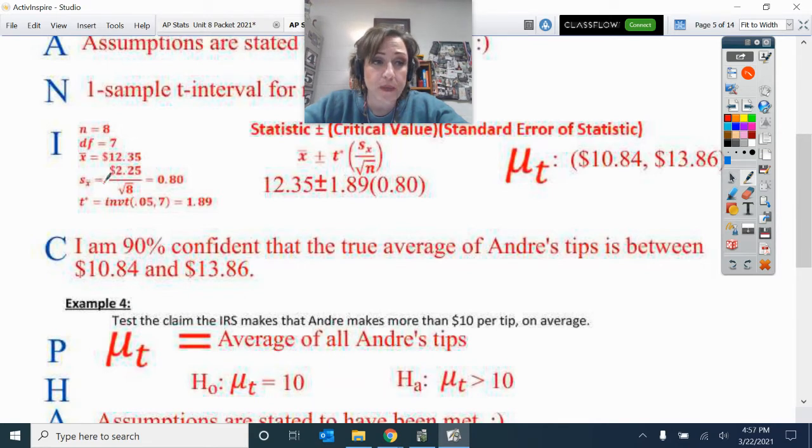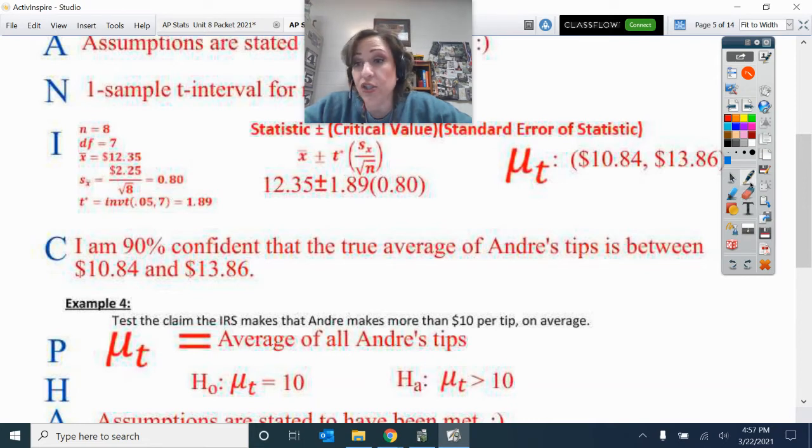The sampling distribution, the x bar's standard deviation, was that 225 over the square root of n, and that came out to be 0.80. I think it was like 0.795 or something. Now, 90% confidence, so the T critical value we're going to use is inverse T with 90% in the middle, which puts 0.05 in the tail, with 7 degrees of freedom.